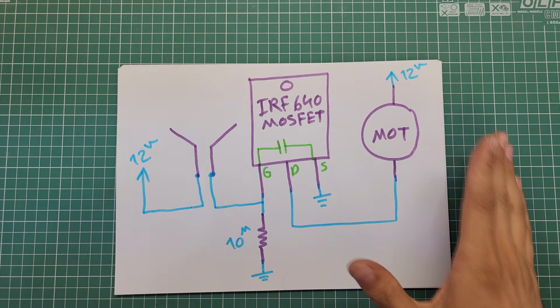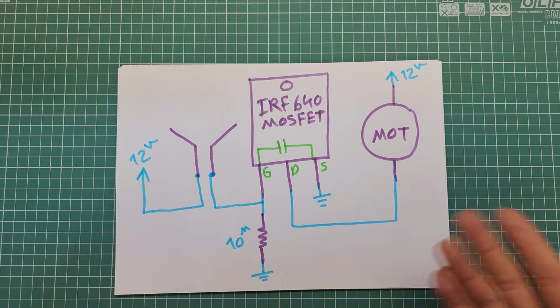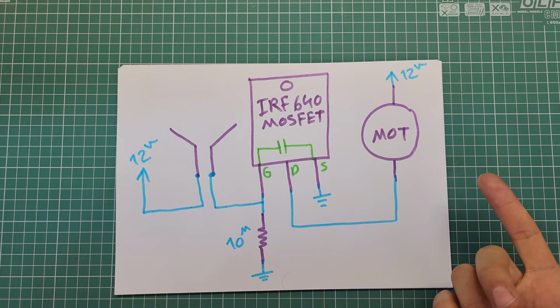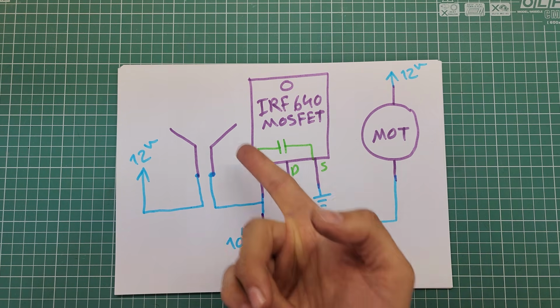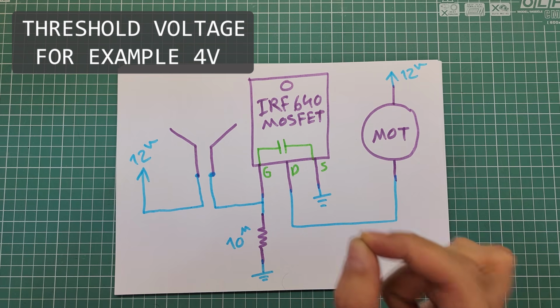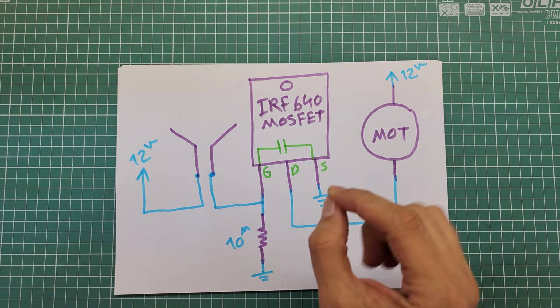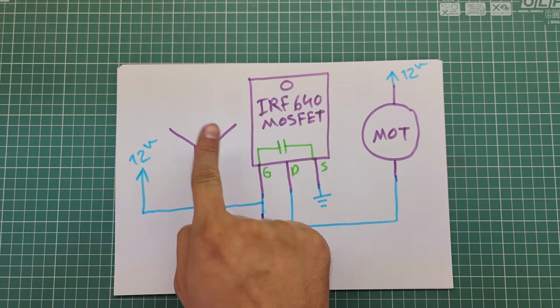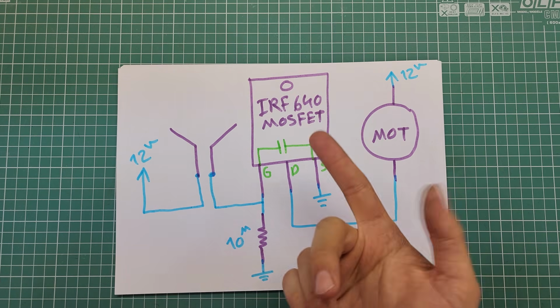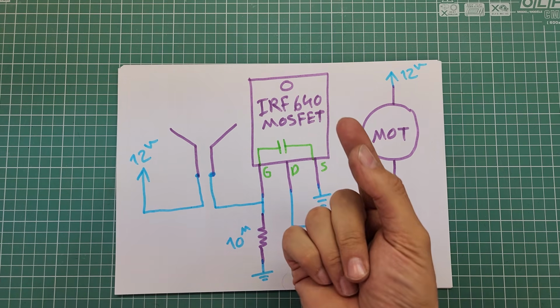This is the most basic diagram of a touch sensor using a MOSFET. All you need to do is to charge this capacitor inside the MOSFET to a specific voltage. Since the capacity of this capacitor is extremely low, when you put your finger on these electrodes, it can be charged through your skin very fast.